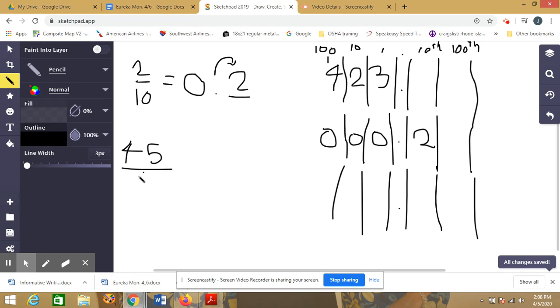If I have 45 hundredths, a fraction, I already know it's less than 1. So we definitely have 0 hundreds, 0 tens, 0 ones. This is where it gets a little tricky, because I have 45 hundredths. It might make sense just to put the 45 in the hundredths place, but that's not really what we do.